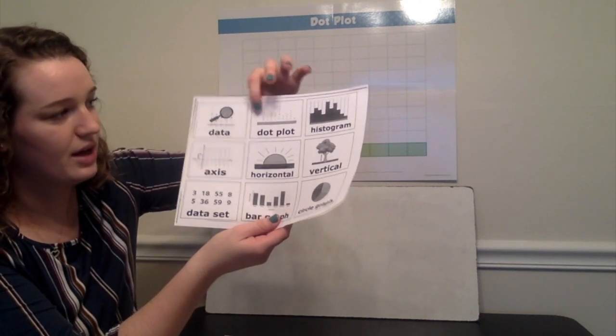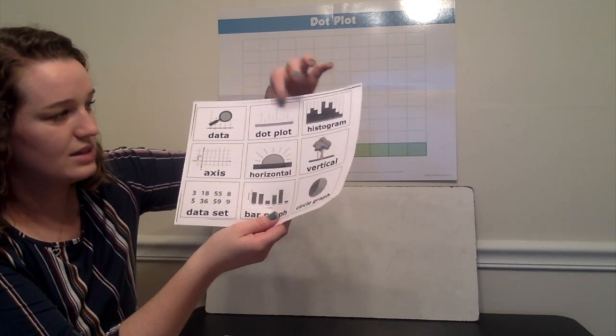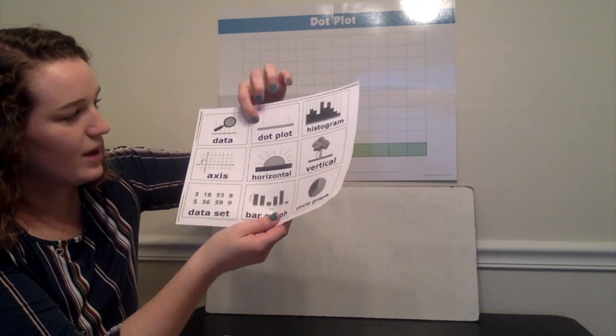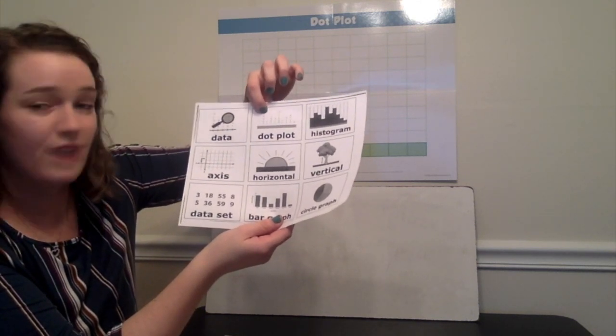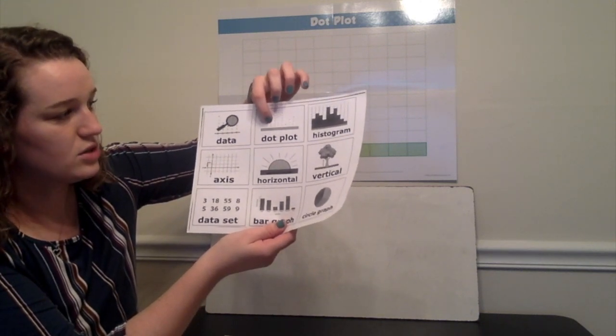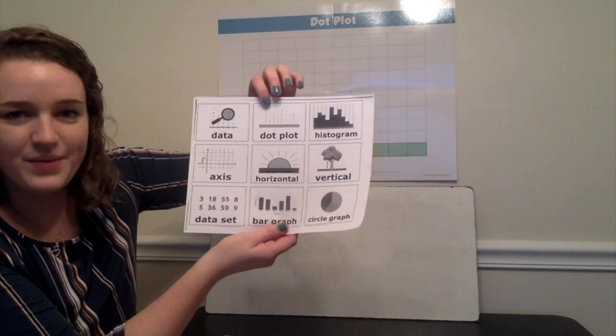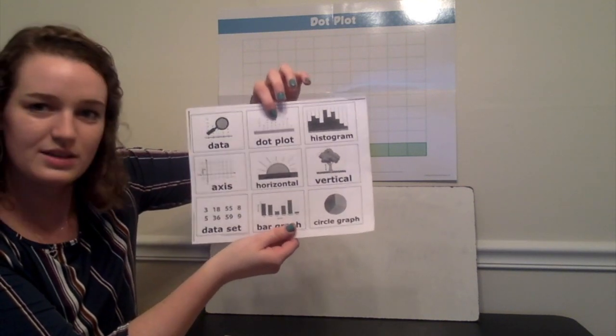Our dot plot is a graph that has all of our data on it like this. So if you look at 0 has no dots, 1 has 5 dots, 2 has 2 dots, and you can keep going. All right, so this is all of our data on our dot plot like this.